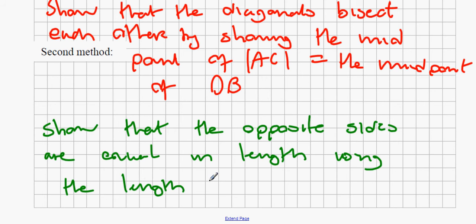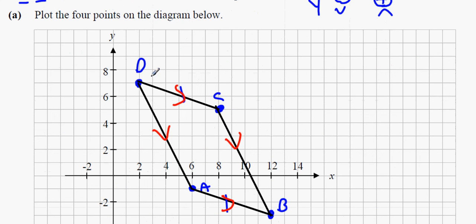Now remember the length formula, D equals the square root of x2 minus x1 squared plus y2 minus y1 squared. This is A and this one here is C. I can just show that DC is the same length as AB and DA is the same length as CB, and this will prove that it is indeed a parallelogram.